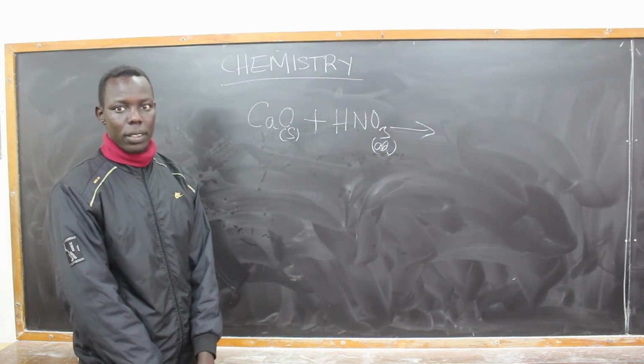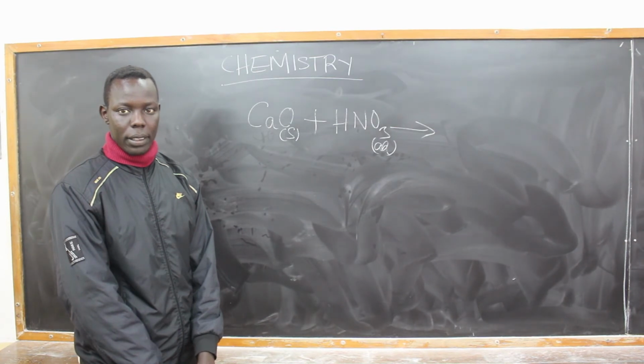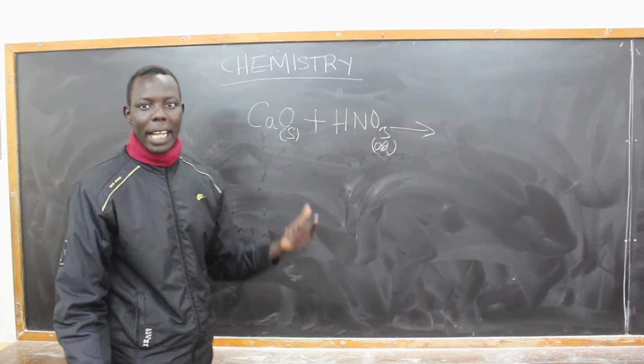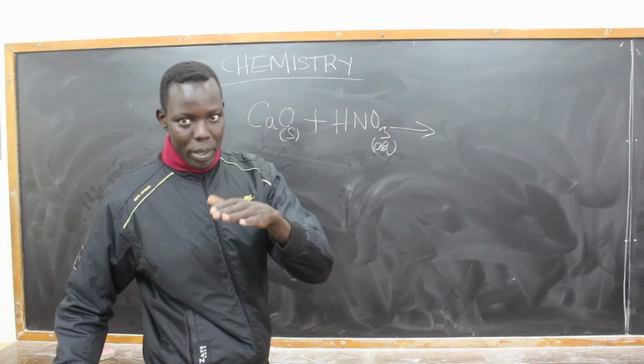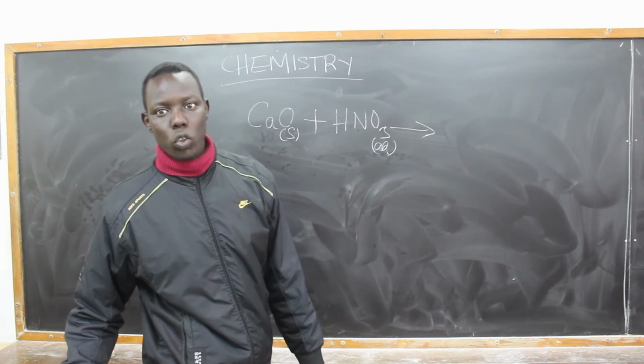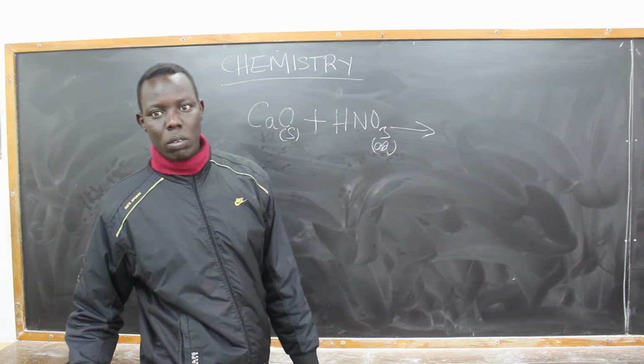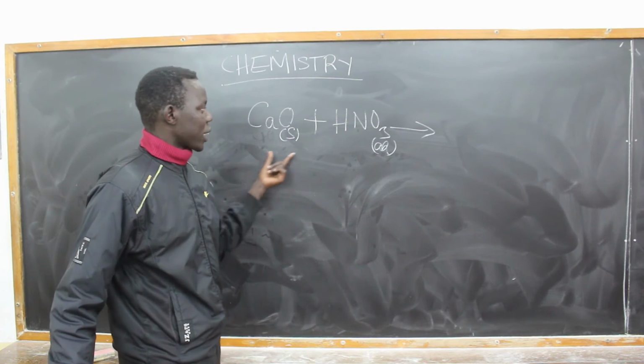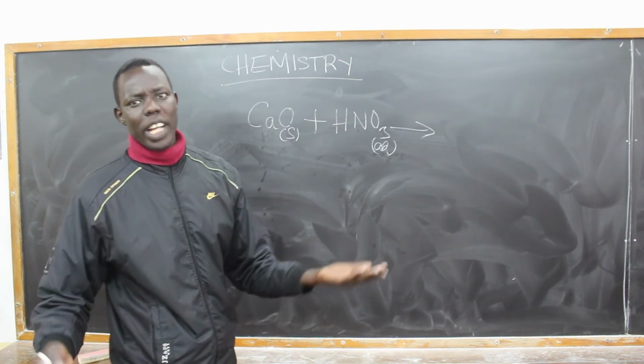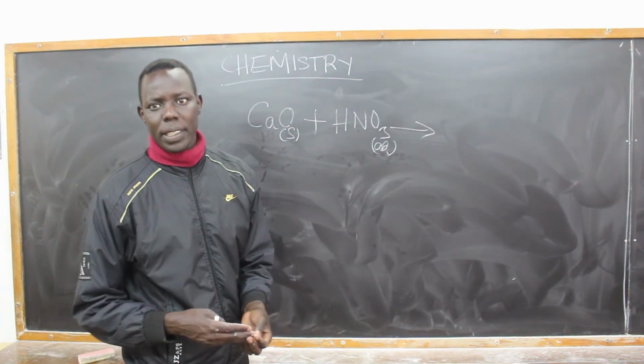and an acid. If I use here a base that is not soluble in water, let me tell you, there will be no reaction. For example, copper 2 oxide is insoluble in water, so it will never display the basic properties.